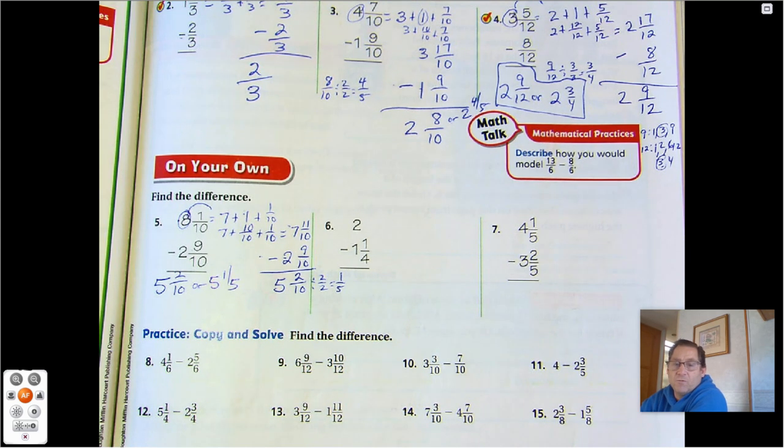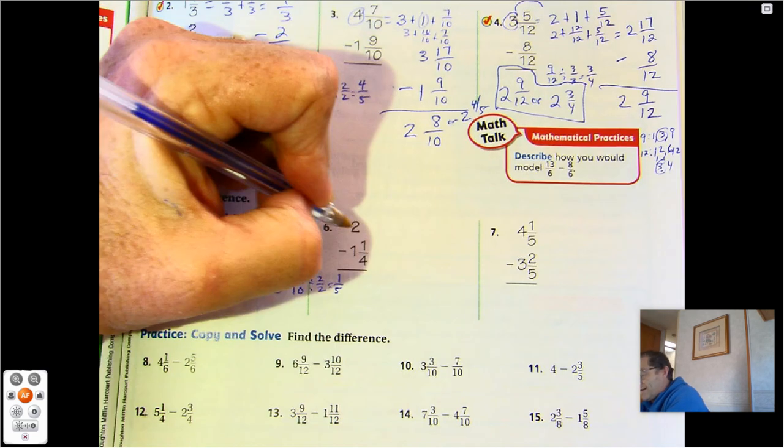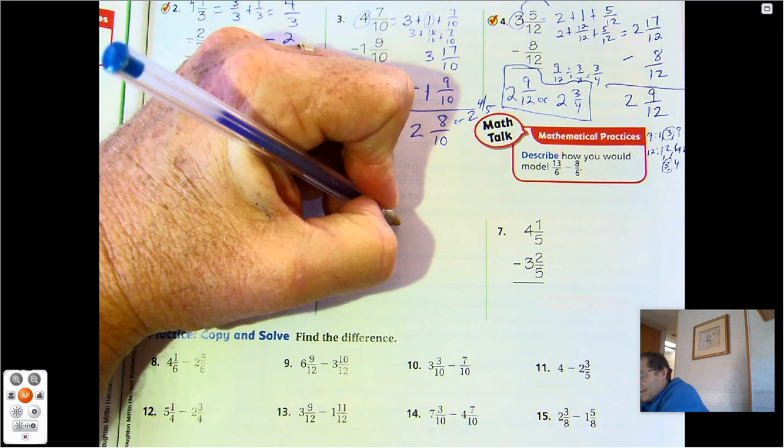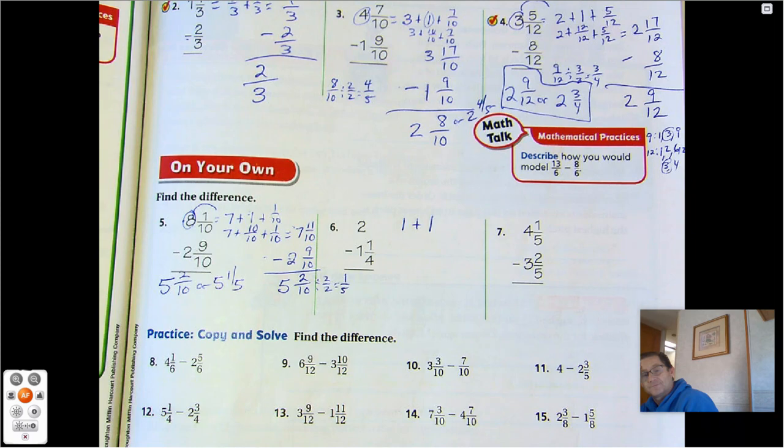2 take away 1 and 1/4. Okay. Well, this is like explaining how to rename 2 to subtract 1 and 1/4. So we're going to rename the 2 as 1 plus 1. Okay.